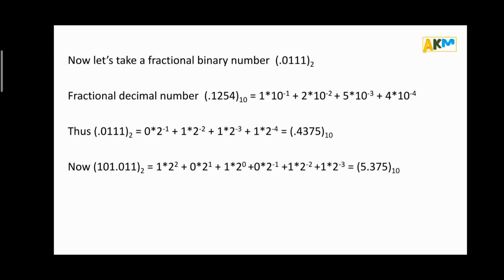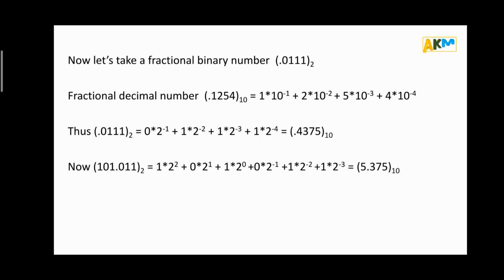So before the fractional part, the power is decreasing, and after the fractional part, the negative power is increasing. So 0 multiplied by 2 power minus 1 plus 1 multiplied by 2 power minus 2 plus 1 multiplied by 2 power minus 3. So if we calculate, the result will be 5.375.